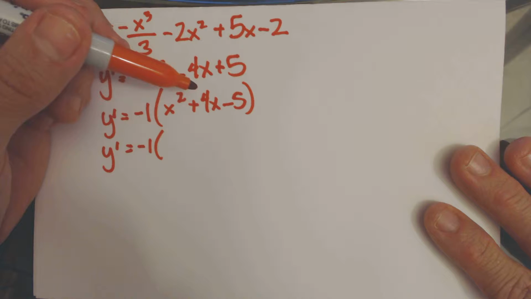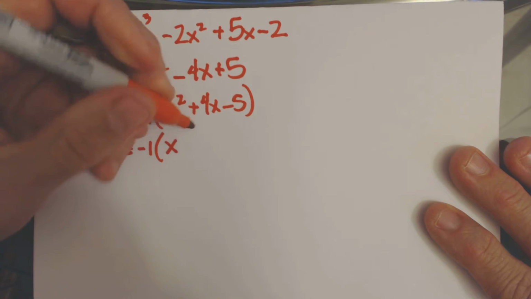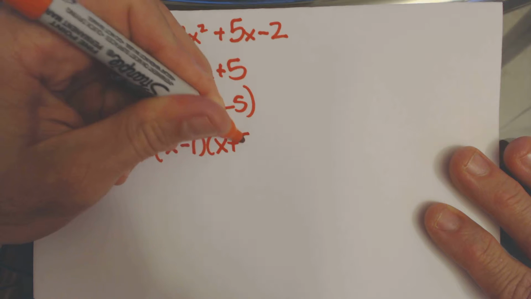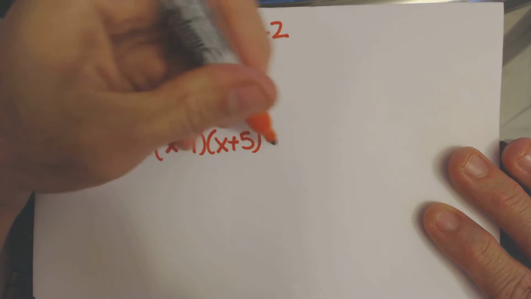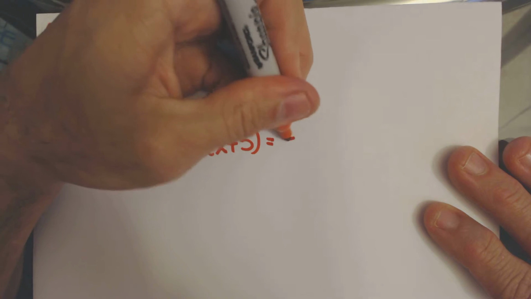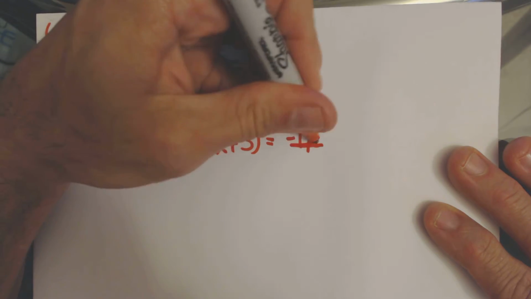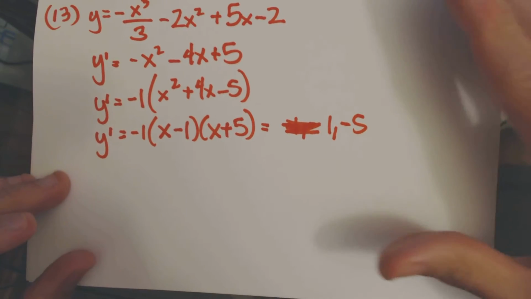So negative 1 and 5 should do it. So we have x minus 1, x plus 5. And so the critical values are going to be 1 and negative 5. All right.